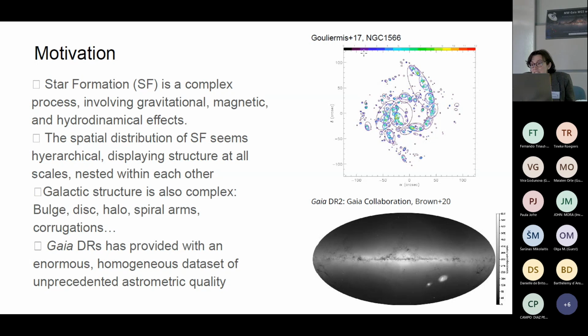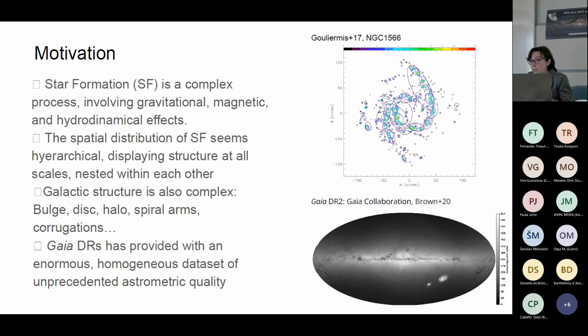And not only here, but I also take the chance to show you this beautiful image of NGC, I think it's 1566, where you can see the different structures as ellipses embedded within one another. This picture also highlights that this hierarchical star formation happens within a galactic context, and the galaxy itself has some structure that is also complex and we should also consider.